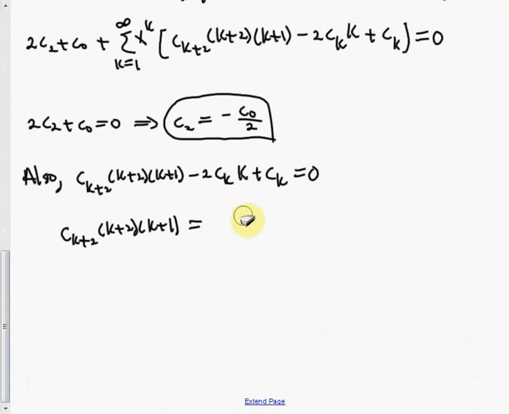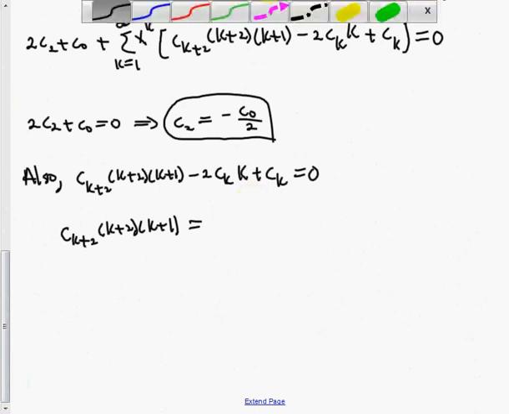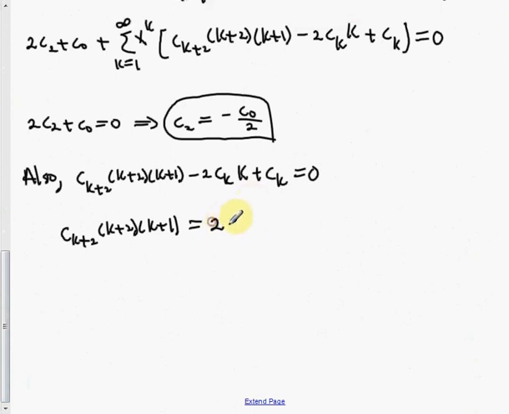I was going to do a division, but I'll keep it like that. I just added 2 times c sub k times k to both sides and subtracted c sub k from both sides. Now I'm going to divide everything by k plus 2 times k plus 1, and that'll give me c sub k plus 2 by itself.